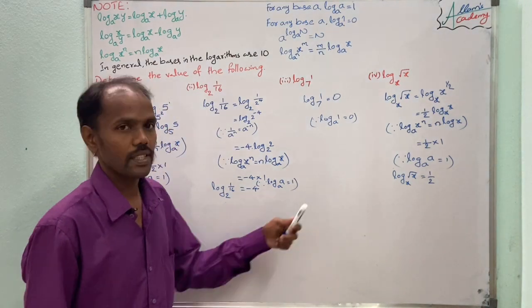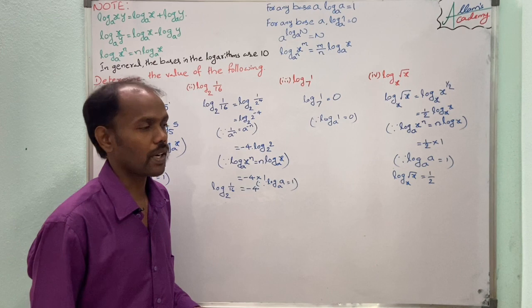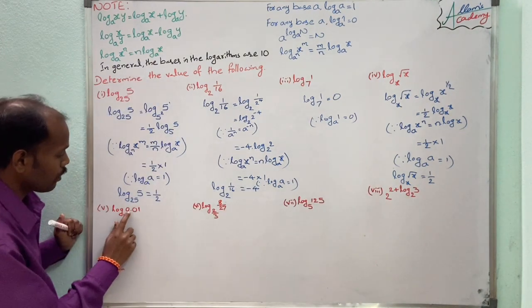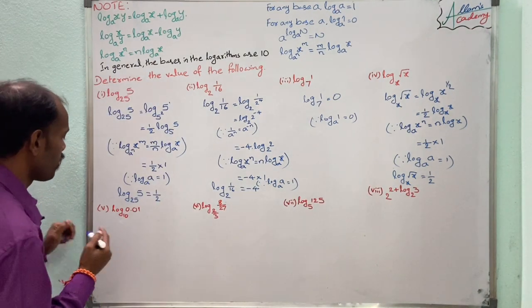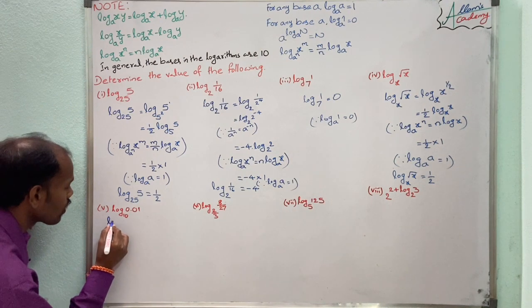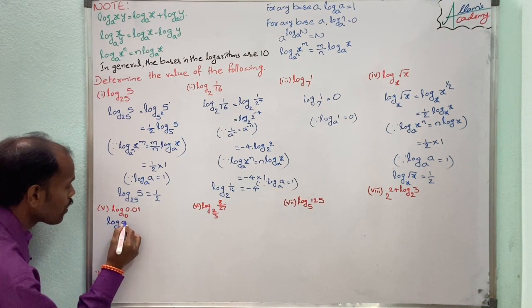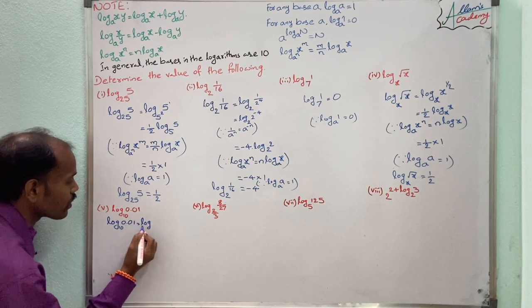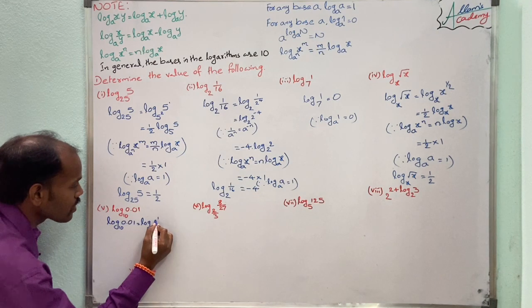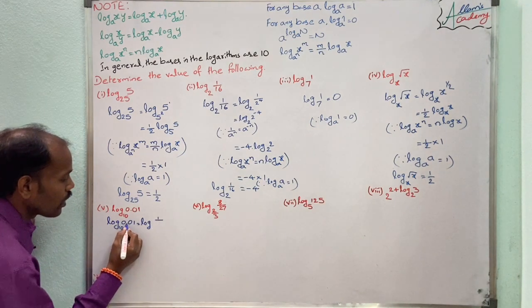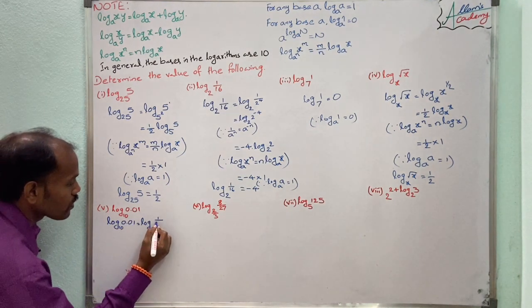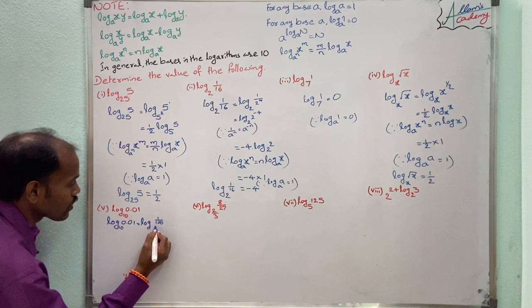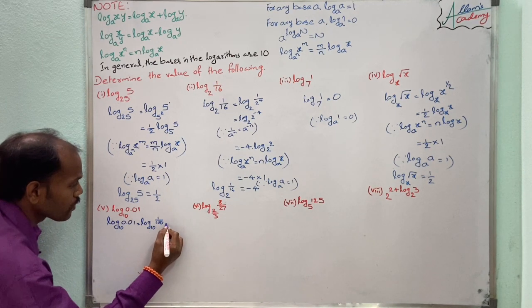Okay, now we see some other problems. Log 0.01 base 10. The decimal point removed means 2 digits after the point, so we will write 1 by 100 base 10.